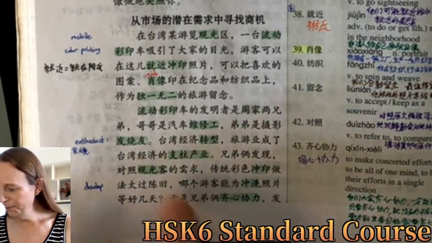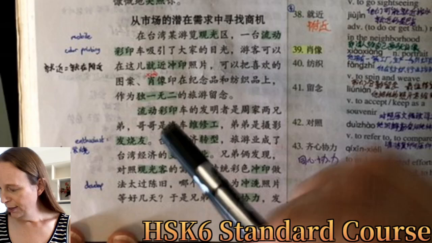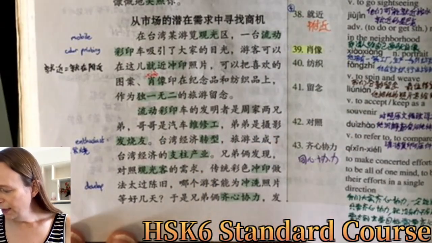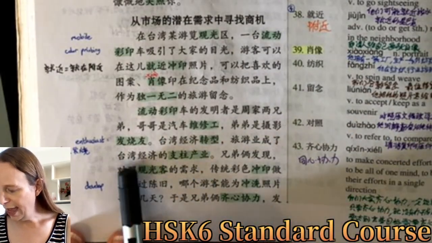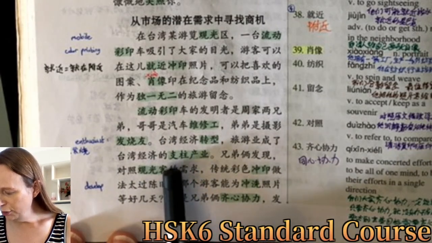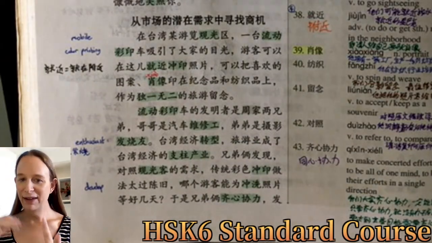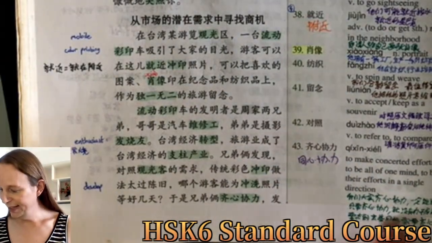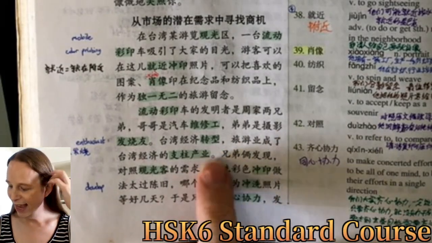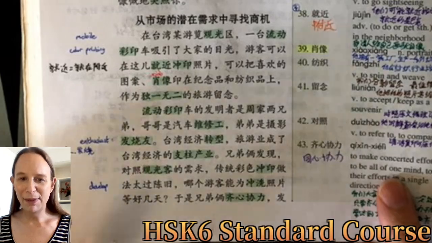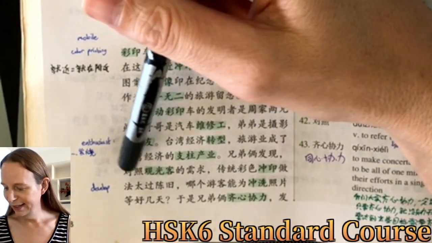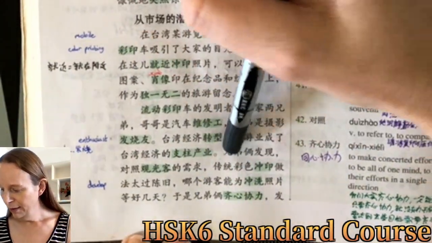All right, 台湾经济转型，旅游业成了台湾经济的支柱产业，支柱 like primary pillar, but usually it's translated to mainstay, a mainstay industry. It's a primary industry in, according to this, the Taiwanese economy.